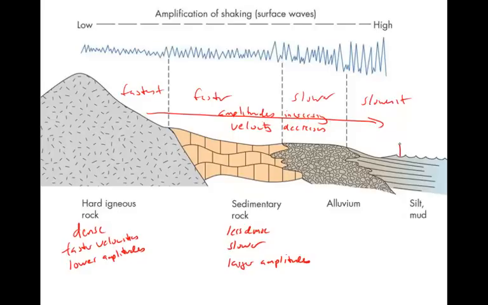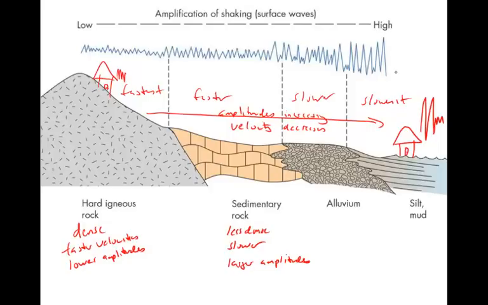So if you build your house, let's say, on soft, unconsolidated sediments, especially material that's water saturated, you're going to experience a larger amplitude of shaking for a given magnitude and a given distance from the epicenter. If your house is built on solid bedrock, you're going to experience a lower amplitude of shaking, even at the same distance from the epicenter.